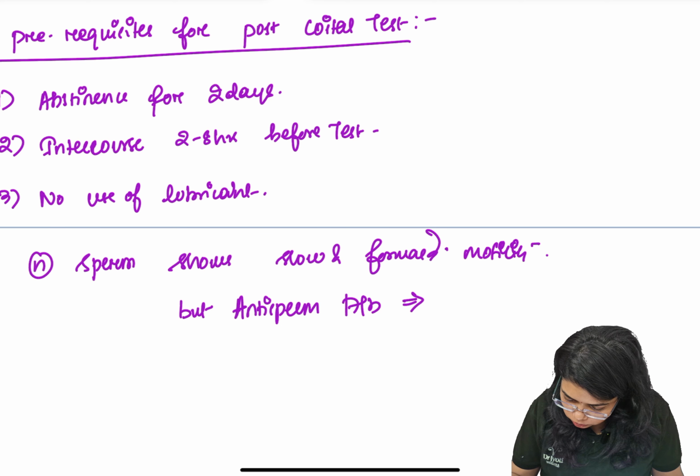Now, coming to the confirmatory tests for detecting the anti-sperm antibodies. What are the confirmatory tests? These you have to remember. Confirmatory tests are the sperm agglutination test, then MAR.